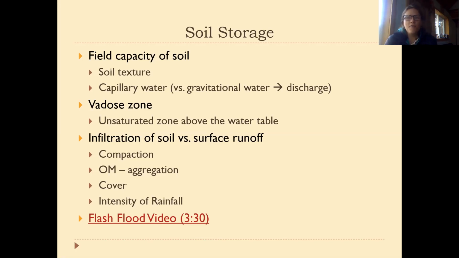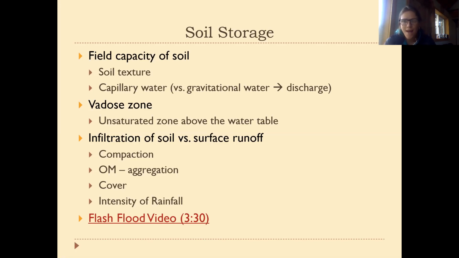And if we want to get water off the soil surface down into the soil, either in the vadose zone or in the groundwater zone below the water table, we need to think about all the soil structure properties that we've already talked about before. So we want to minimize compaction.